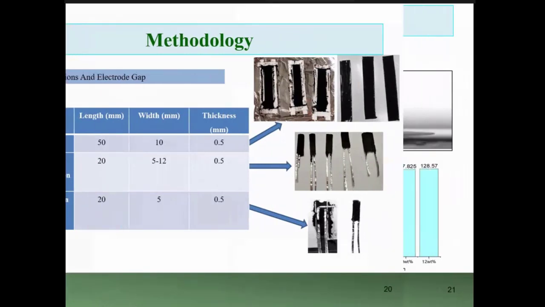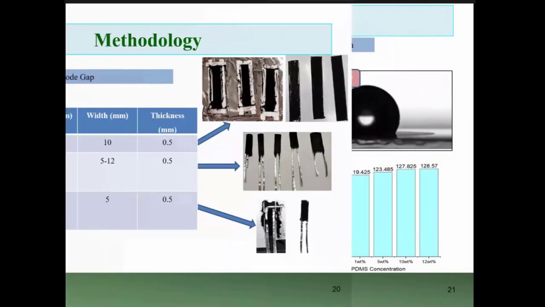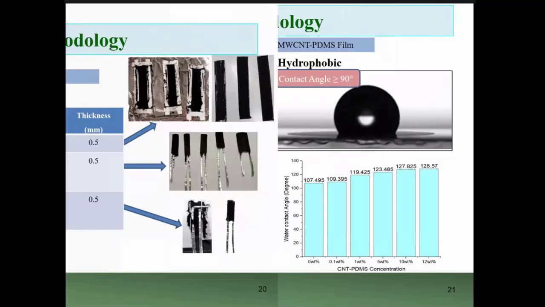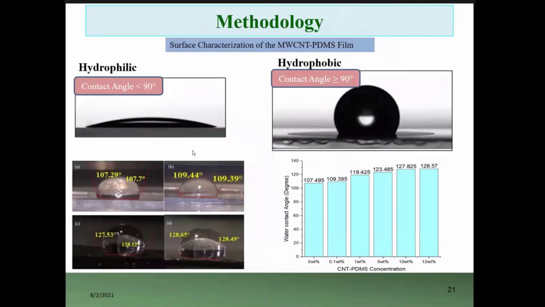After the electrical characterization, the surface characterization of the film was performed. Before I go to the method, I would like to describe two things. There are generally two types of surface: one is a hydrophilic surface, another is a hydrophobic surface. In a hydrophilic surface, the surface loves the water. That is why it attracts the water, and the water gets spread on the surface.